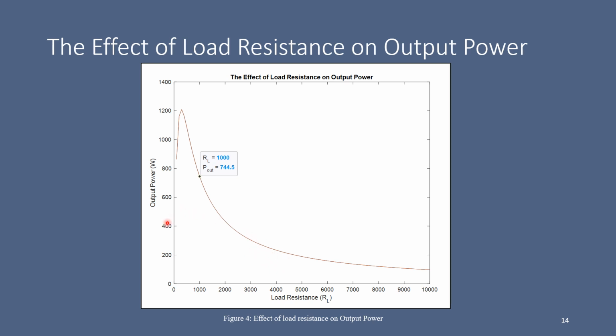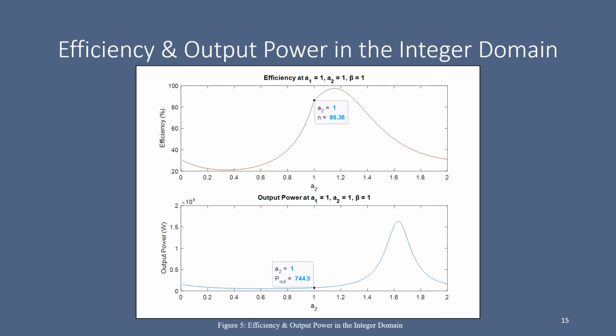Both the effects of the load resistance on output power as well as efficiency were seen in the integer domain, whereby the alpha and the beta values were kept at 1. This graph now shows the efficiency and the output power in the integer domain, whereby alpha 1, alpha 2 and beta are kept at 1. And we can see that a maximum efficiency of 86.36% at an output power of 744.5 watts is achieved.